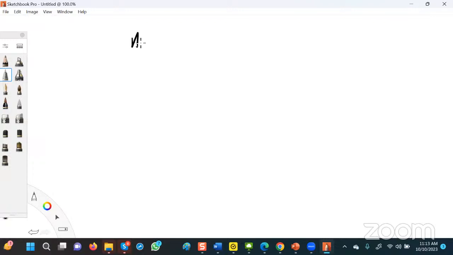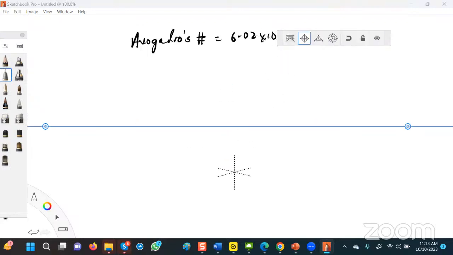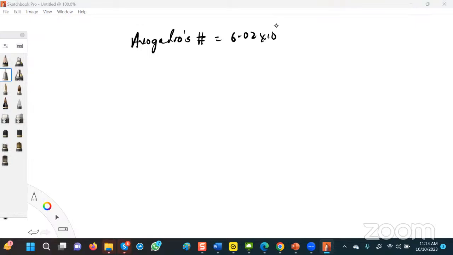It's called Avogadro's number. And that is 6.02 times 10 to the 23 items, and the items could be molecules, atoms, per mole. All right, so that's Avogadro's number.